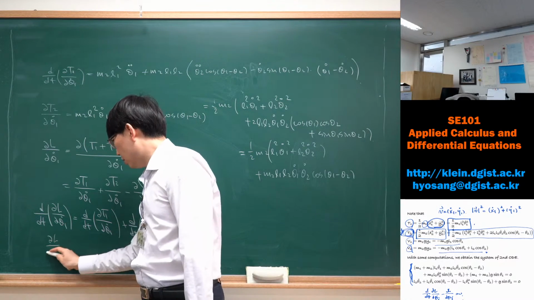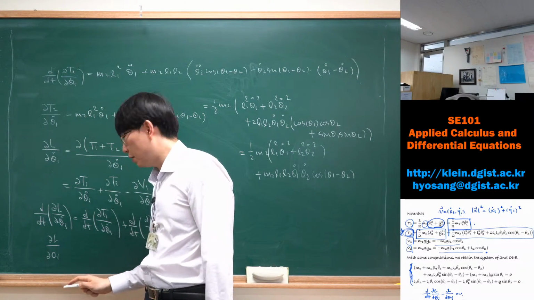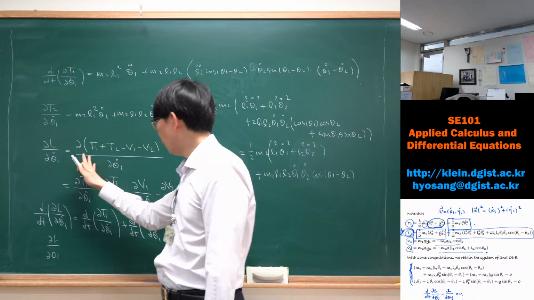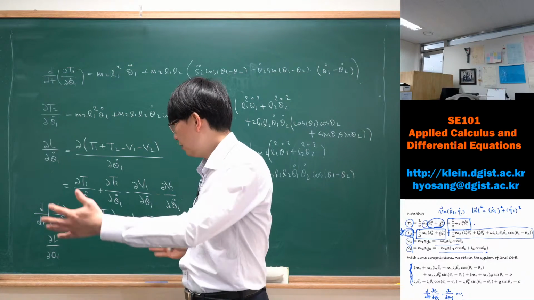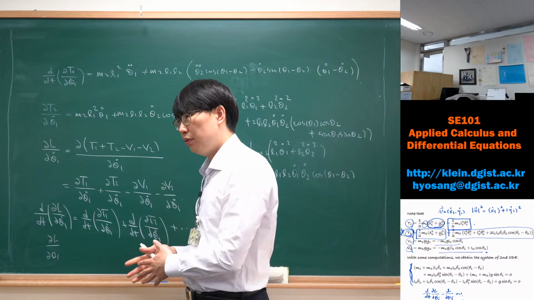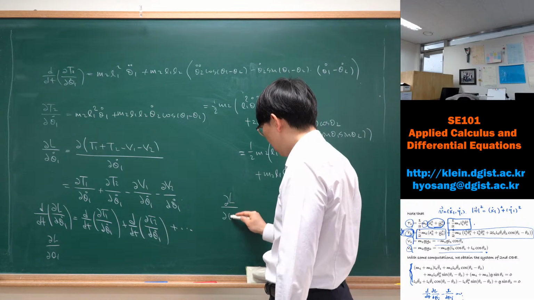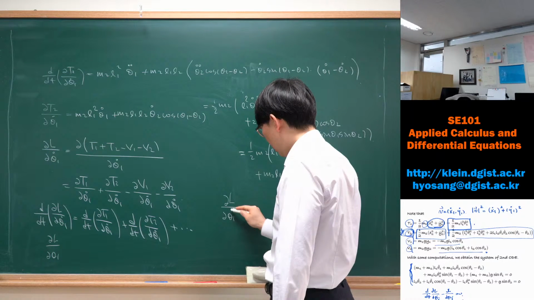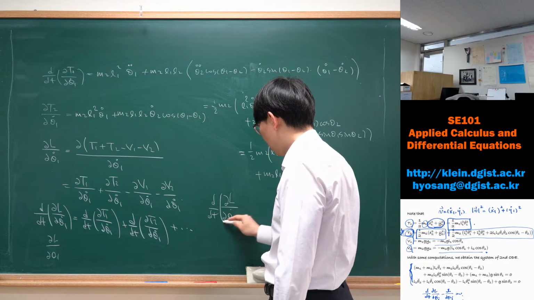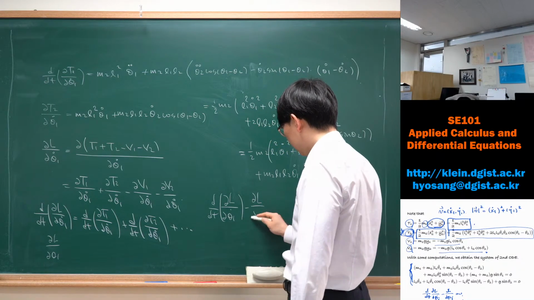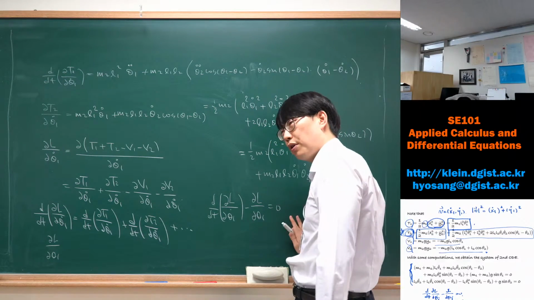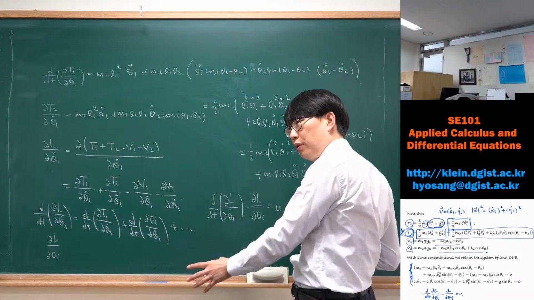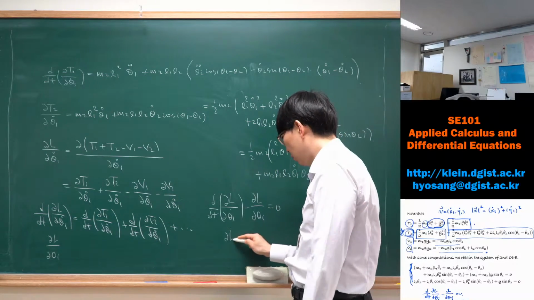We have to take dL d theta 1. So you have to do 4 more computations, okay? And then combine these to make one big formula of the first Euler-Lagrange equation, and you have to do this whole thing again with the second one.